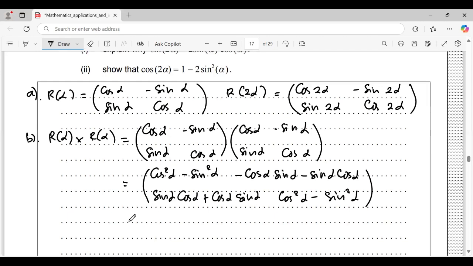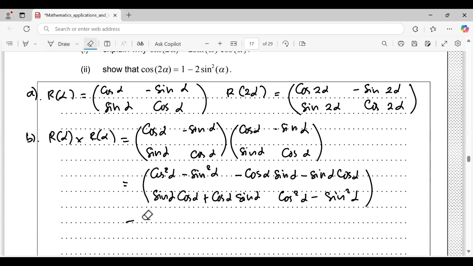Next, part C, part 1. If you compare this calculation with R 2 alpha, the result is cosine squared alpha minus sine squared alpha, which equals cosine 2 alpha.